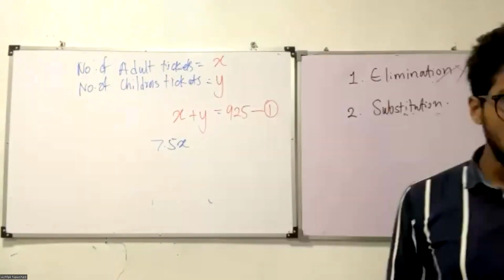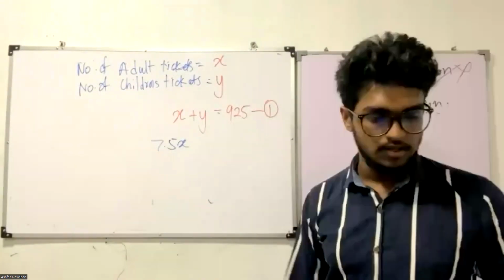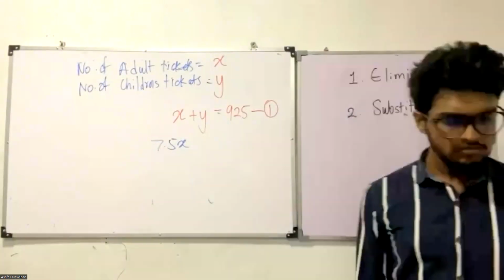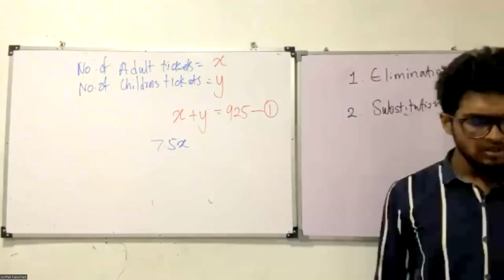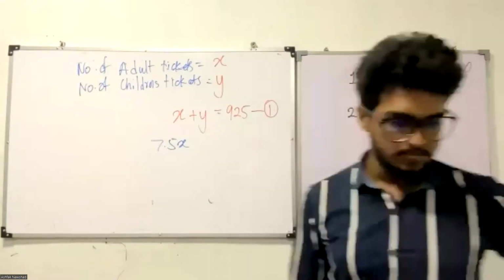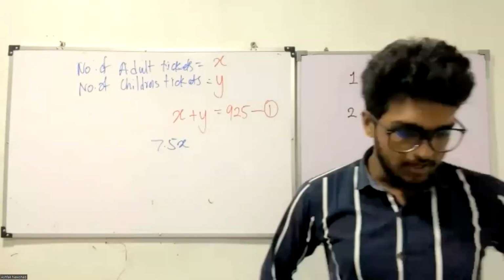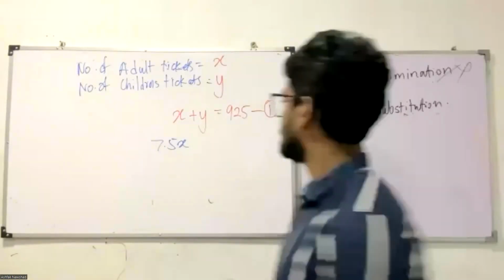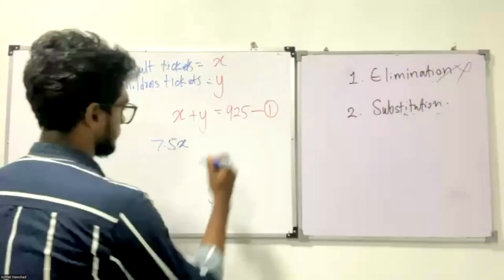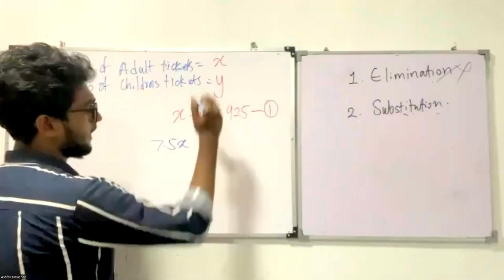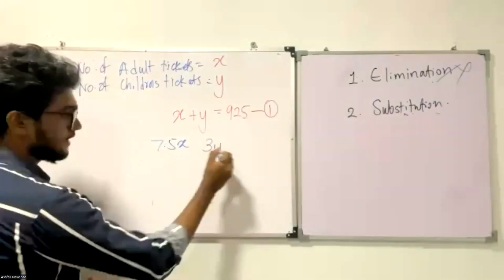Okay, let me know the income generated by children's tickets. Yes, exactly. A children's ticket is $3, and there are Y children's tickets. So multiply these: 3Y.